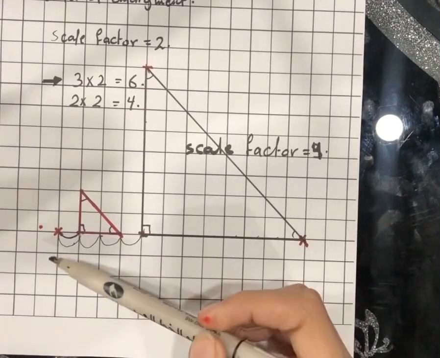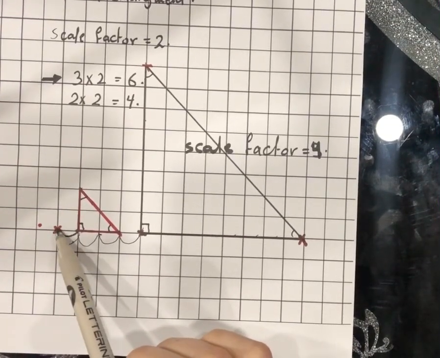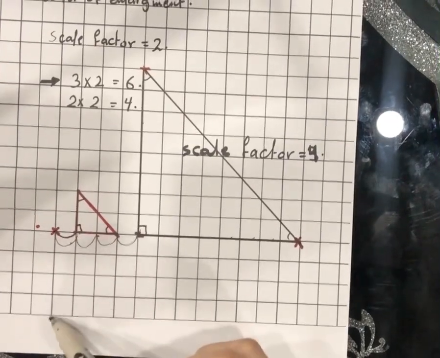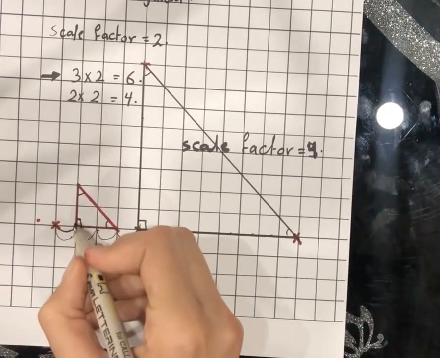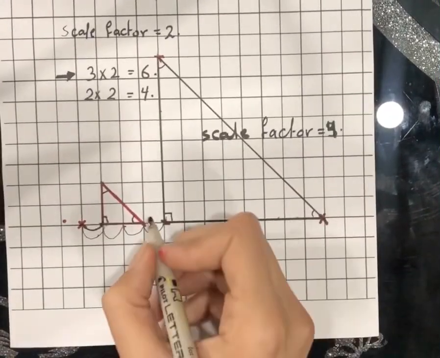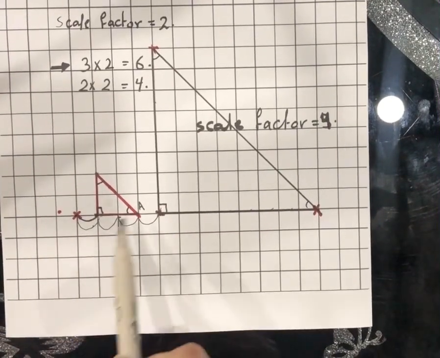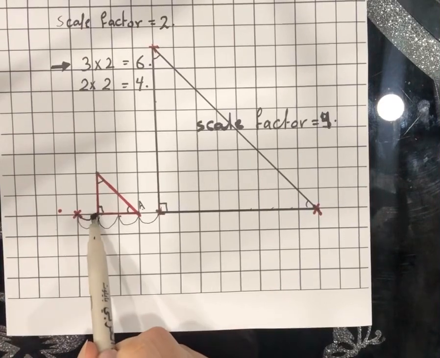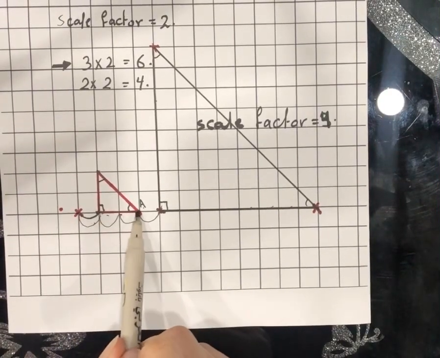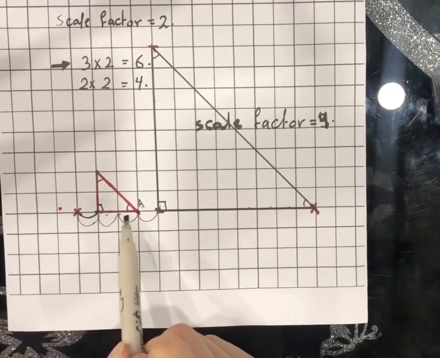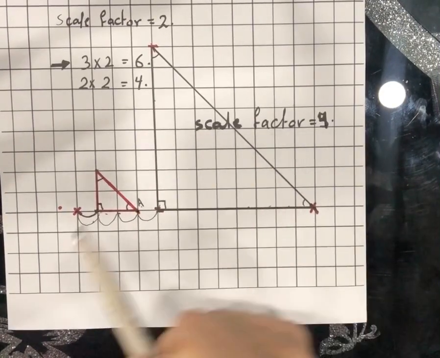Of course, you can take the distance from the center of enlargement from any end of the triangle. For this, I took it from where the right angle is. Let's name this point A. I can take it from point A. So point A is 3 squares apart from my center of enlargement. So 3 times 4 will be 12.